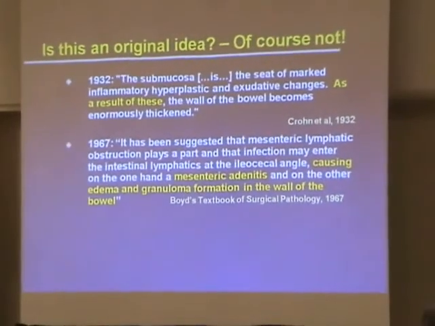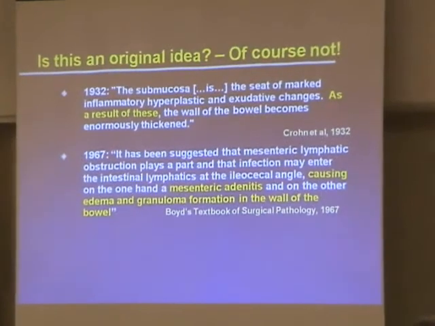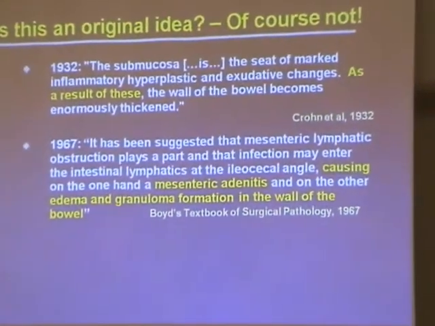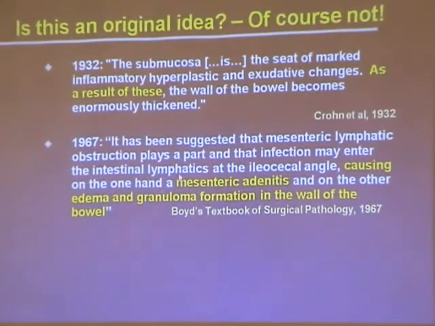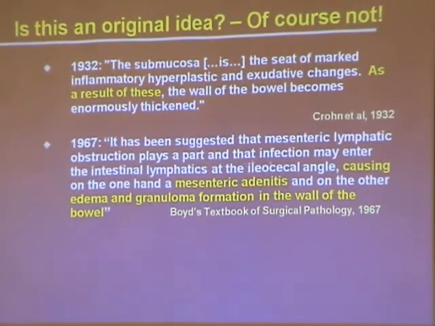So we dusted off his 1967 Boyd's textbook of surgical pathology, and in it, it was said, it has been suggested that mesenteric lymphatic obstruction plays a part in that infection may enter the intestinal lymphatics at the ileocecal angle, causing on the one hand a mesenteric lymph node inflammation, and on the other hand edema and granuloma formation in the wall of the bowel. So now I felt like I was almost guilty of plagiarism, because all this work and all this thought and all this writing, and it turned out that other people had said the same thing 40 and 70 years before me.